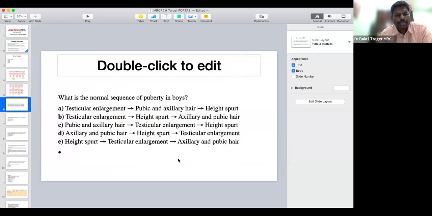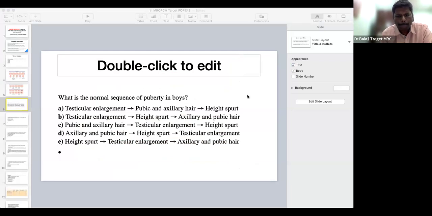Okay. In this, they have also asked questions on the order of puberty. As you know, in boys, which one will come first, which we discussed first? Anyone wants to take?